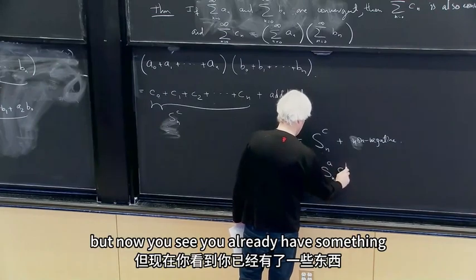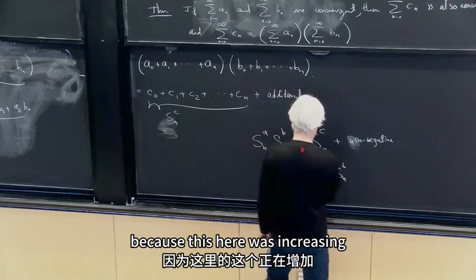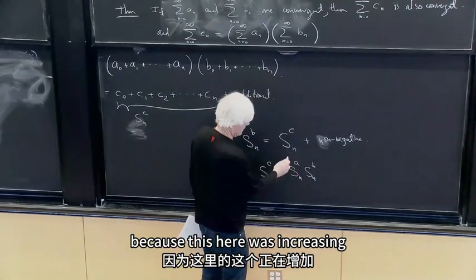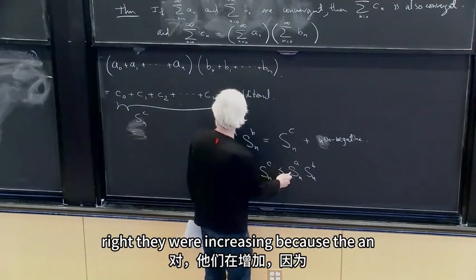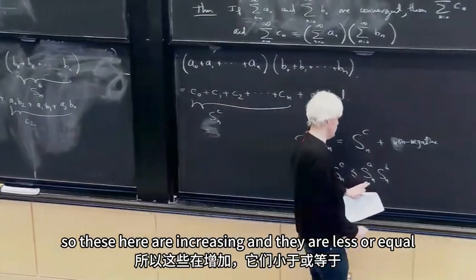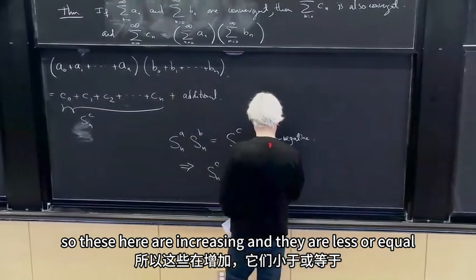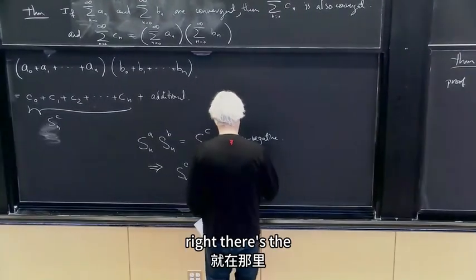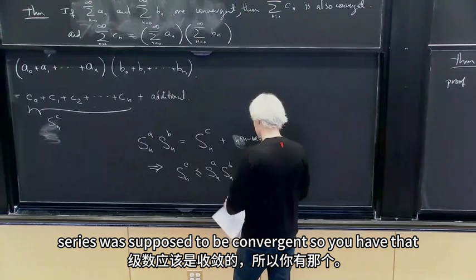But now you see you already have something, because these were increasing, since the AN were all non-negative. So these are increasing, and they are less or equal to the limit, since the series was supposed to be convergent.